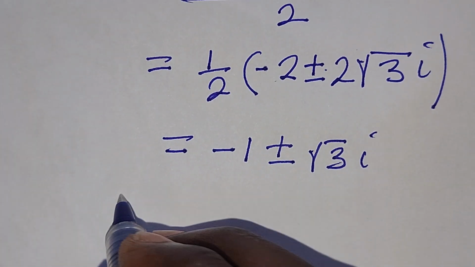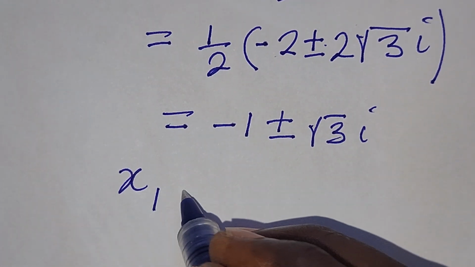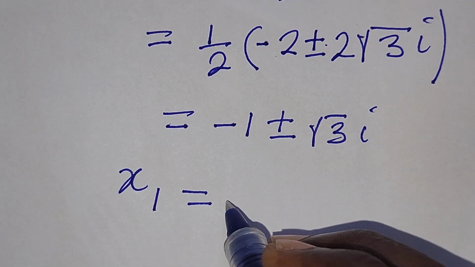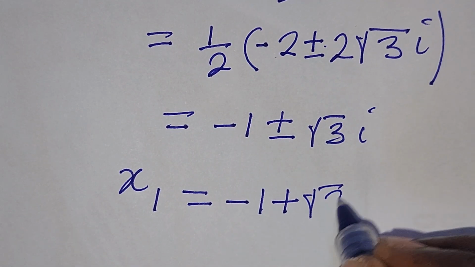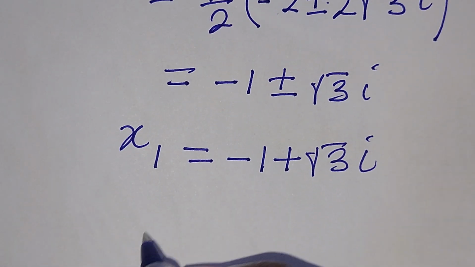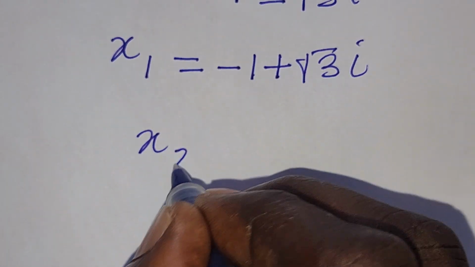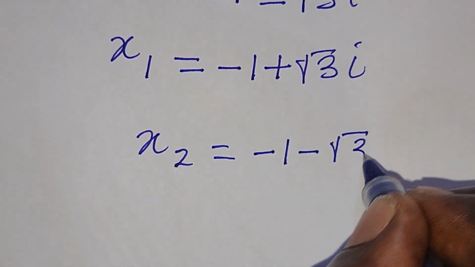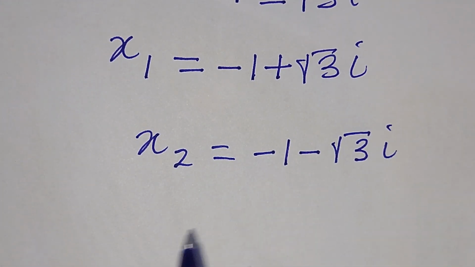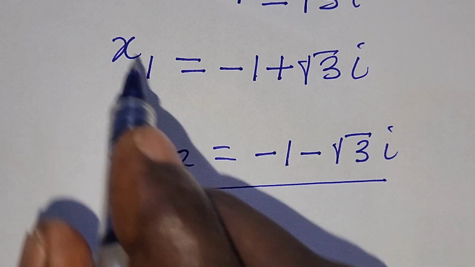So we have x1 equal to minus 1 plus the square root of 3 iota, and x2 equal to minus 1 minus the square root of 3 iota.